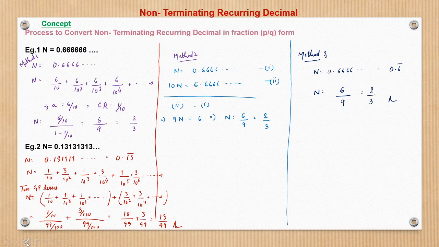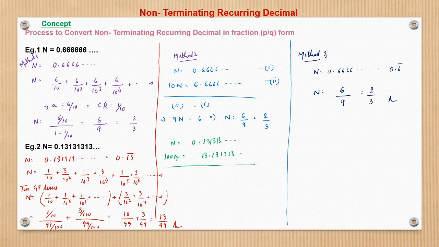Now, let's see the solution to this problem using the second method. Here n is nothing but 0.131313, and so on. Since two digits are repeating, we multiply by 100 on both sides, so it gives 13.131313, and so on.